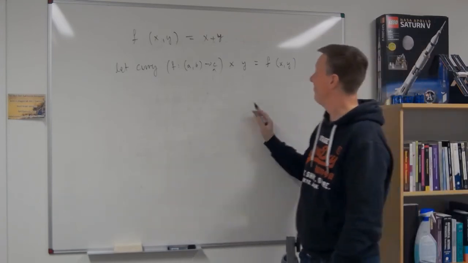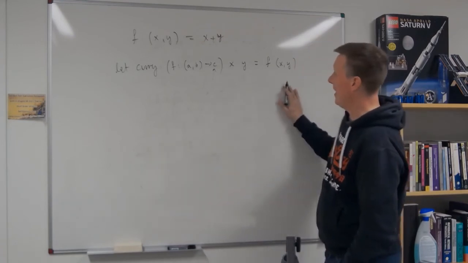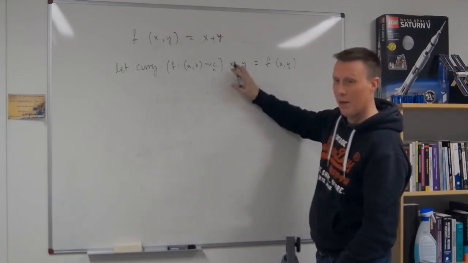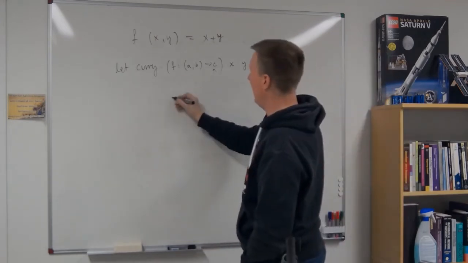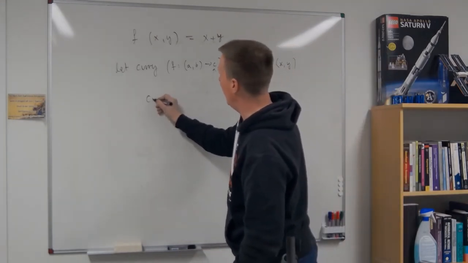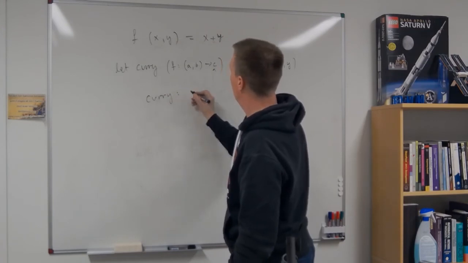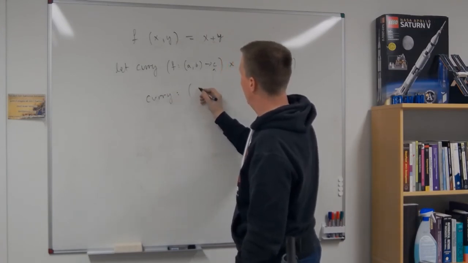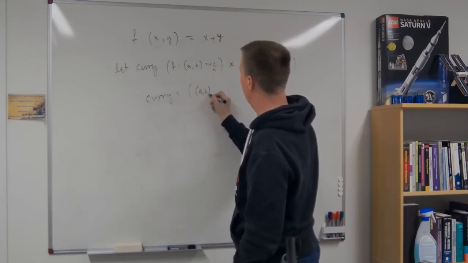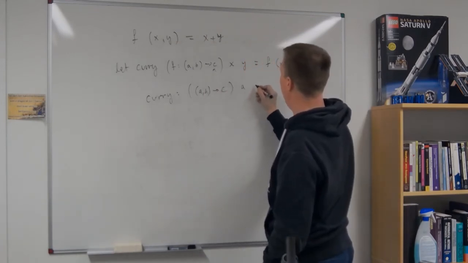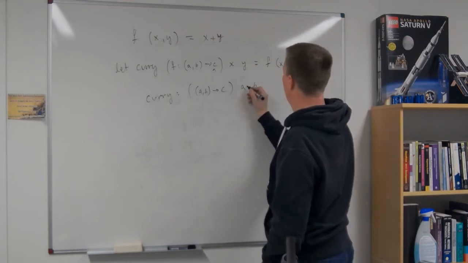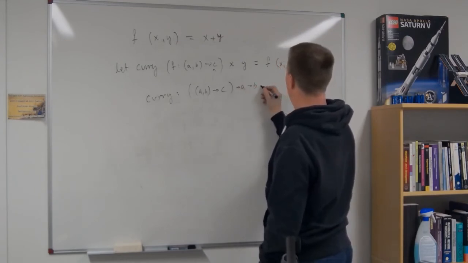Remember, if we look at this thing and we just partially apply this, right? So this whole thing here, we can say curry has a signature of a pair a comma b to c, and it has an a and it has a b, and it produces a c.